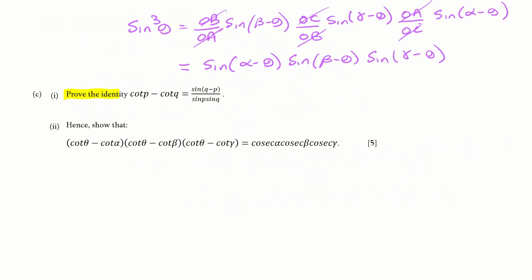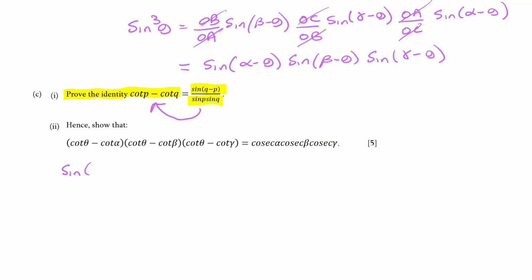We're now asked to prove the identity cot P minus cot Q is equal to sine of Q minus P over sine P sine Q. I'm going to do this by going from the right to the left.